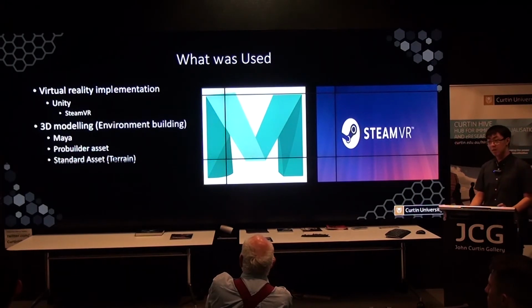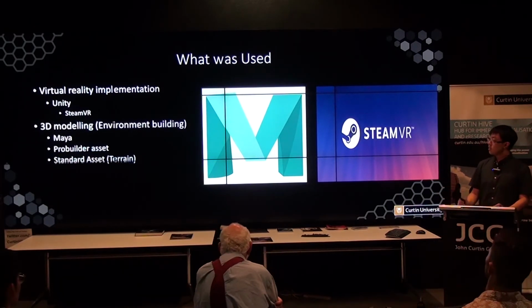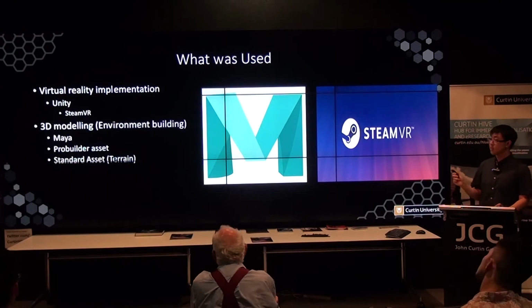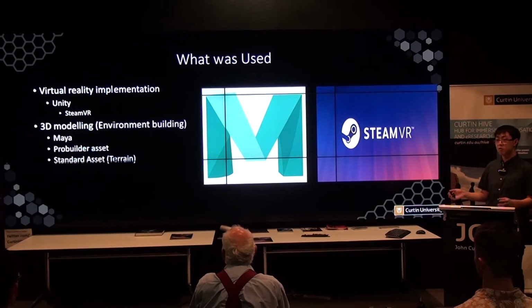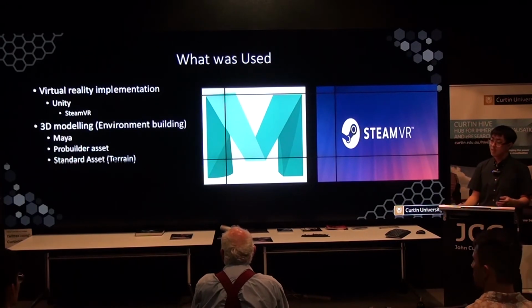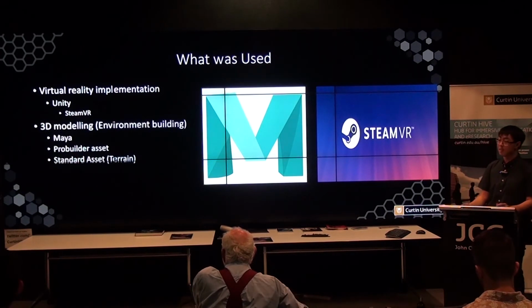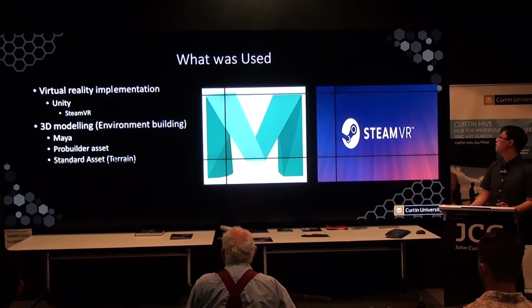ProBuilder is an asset that can be found on the Asset Store, and it was used to create the actual room, the actual environment. Standard Assets has a 3D object called terrain, which can be dragged into the scene and can add trees, grass and many other things that simply increase the level of immersion for the environment.